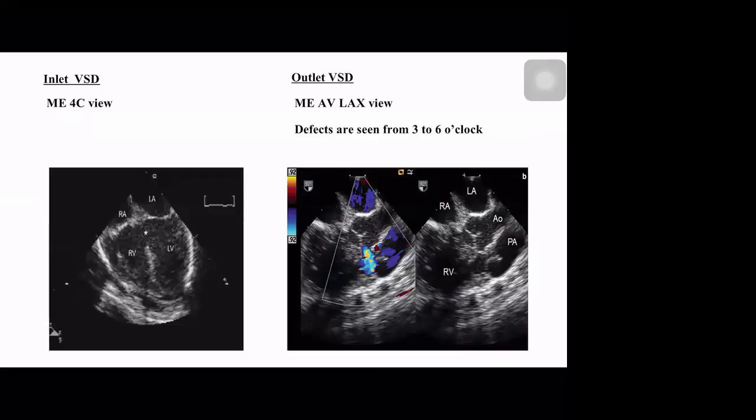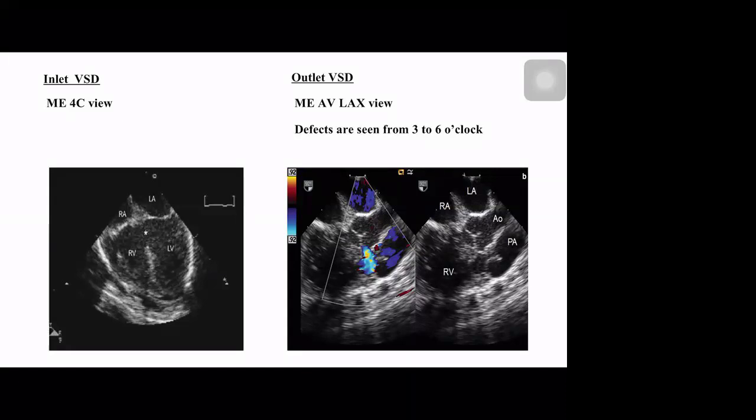What about the inlet VSD? The best view for the inlet VSD is mid-esophageal four chamber view. For outlet VSD, the mid-esophageal aortic valve long axis view, and again the RV inflow-outflow view. In RV inflow-outflow view, the defect is seen between 3 to 6 o'clock.